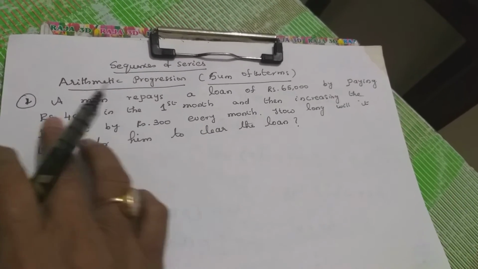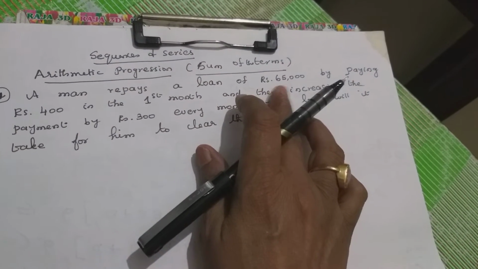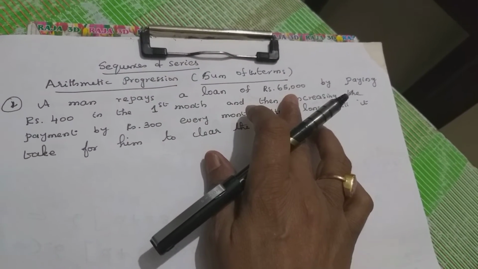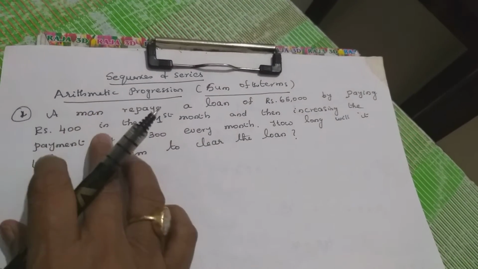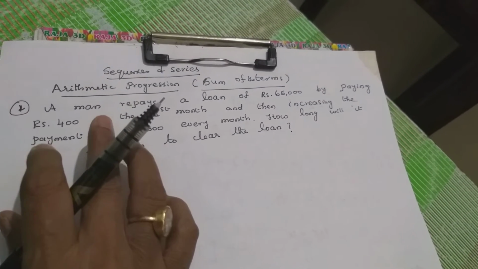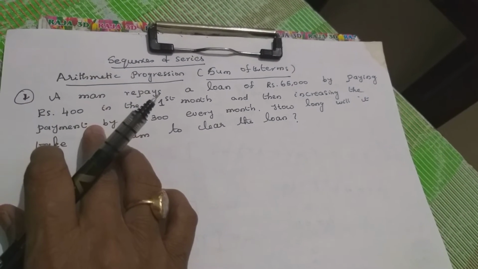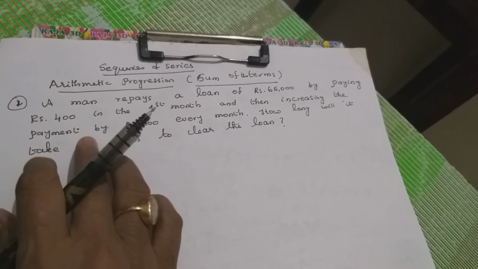See, the total loan taken by the man is rupees 65,000, and he is paying in installments. It is not given how many months he is paying, so we have to find out the total number of months.